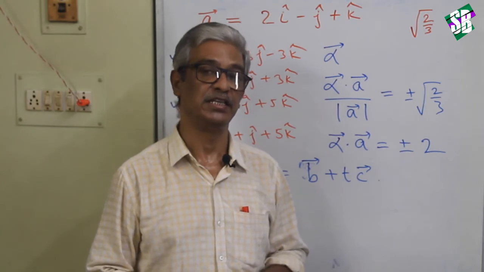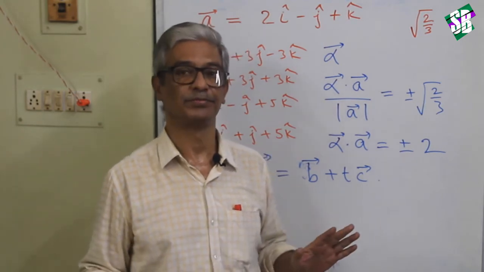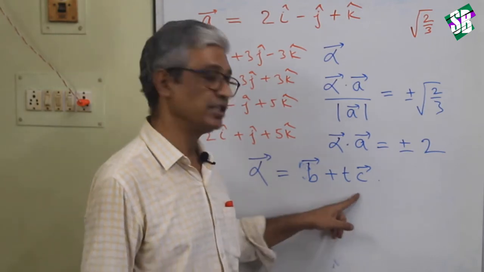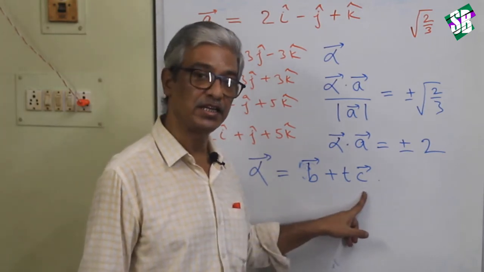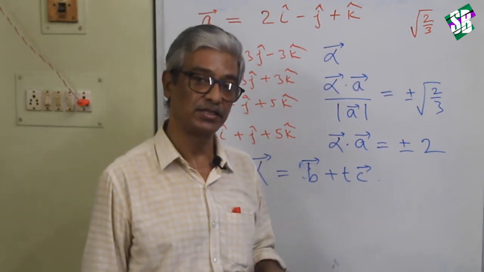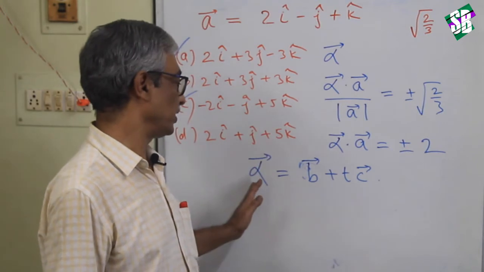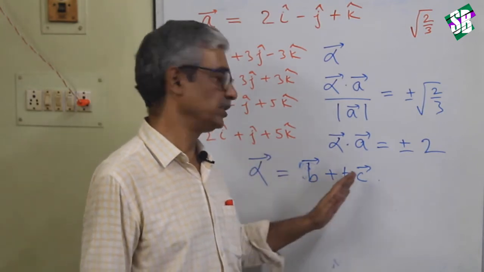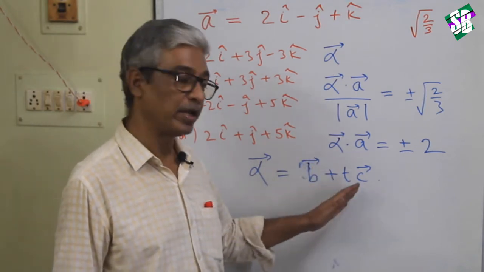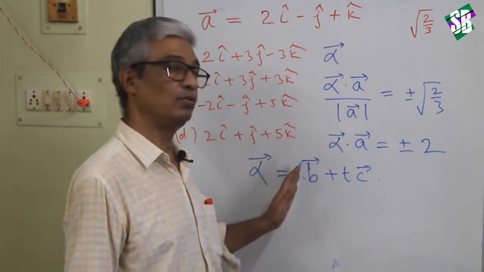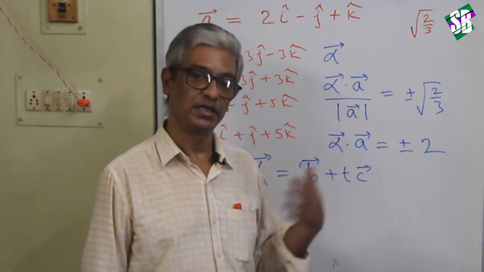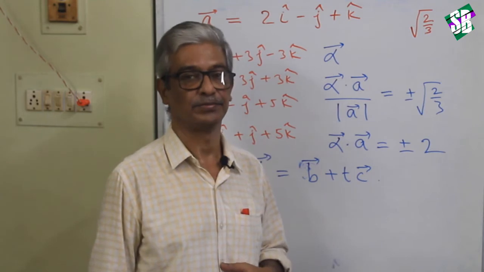But the method is completely wrong, because expressing alpha vector in this manner is incorrect. Since alpha vector is coplanar with B vector and C vector, alpha vector can be expressed as a linear combination of B vector and C vector. That is, you can find two scalars lambda and mu, so that alpha vector equals lambda B vector plus mu C vector, which I have done in the previous method.